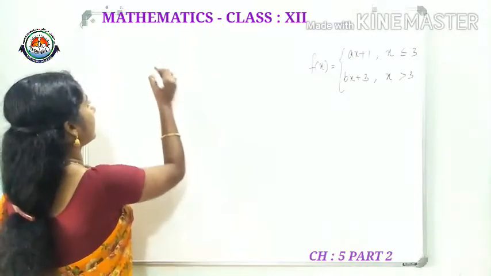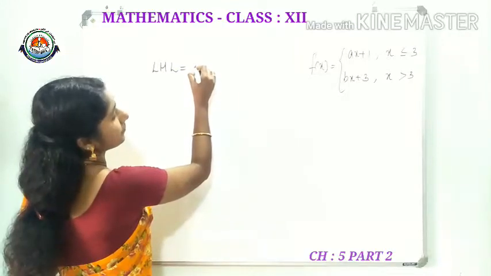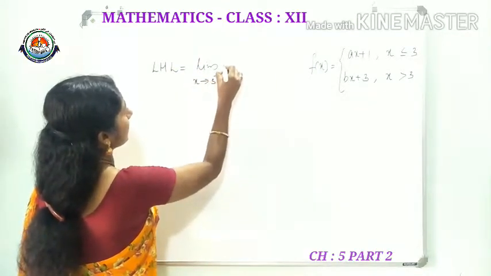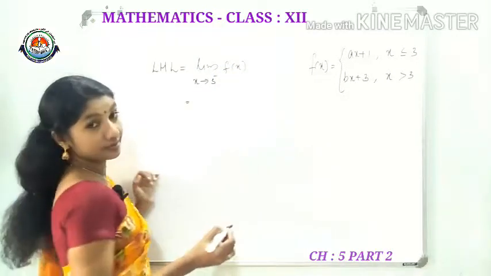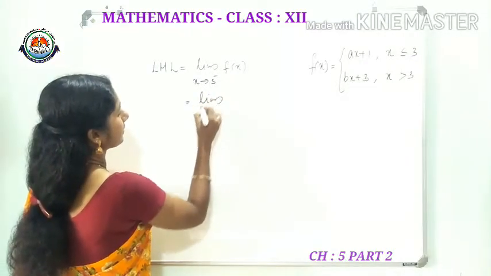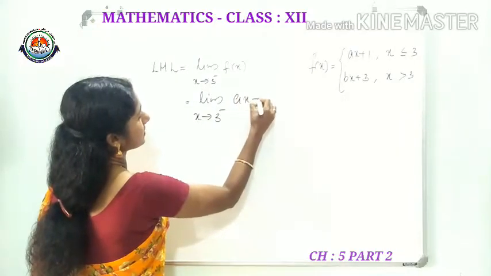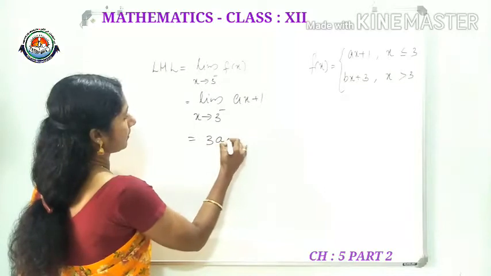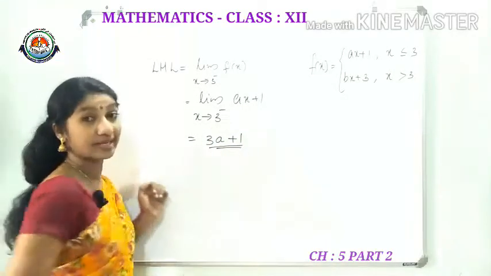So the left hand limit is limit x tends to 3 minus f of x. On 3's left side, the function is defined as ax plus 1. So limit x tends to 3 minus of ax plus 1, putting x equal to 3, we get 3a plus 1 as the left hand limit.